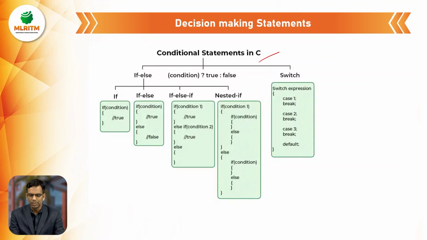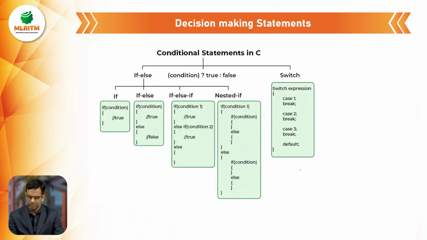Okay, so here on the screen, in today's session, the conditional statements are classified into three categories: first the if structure, second the if else structure, and third the switch case structure. Apart from this we have loop structures also.